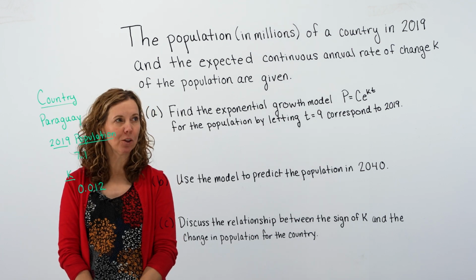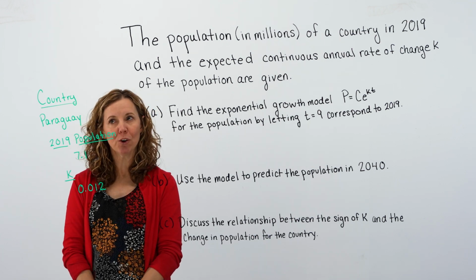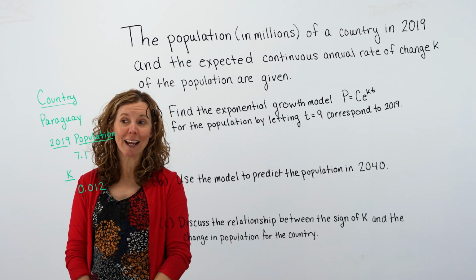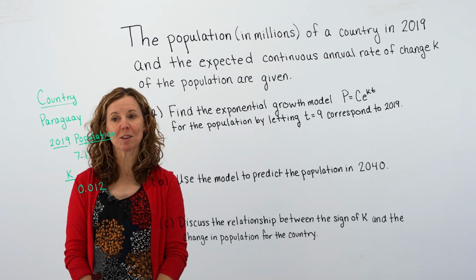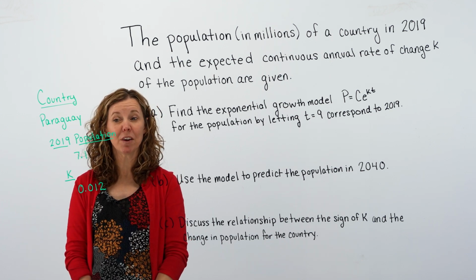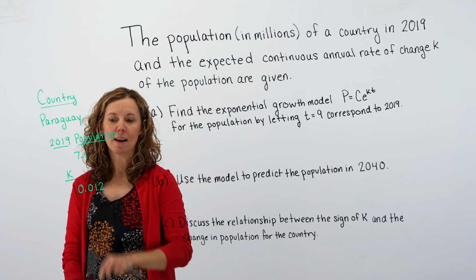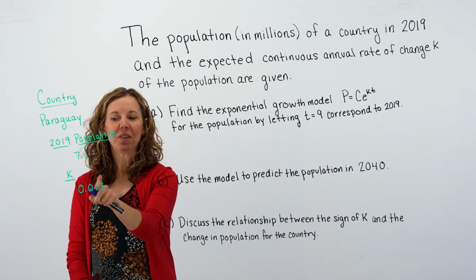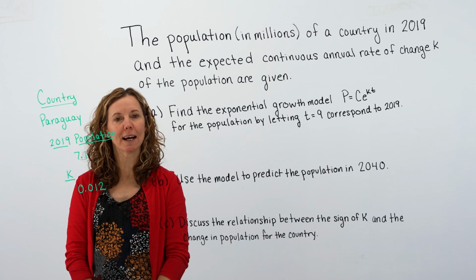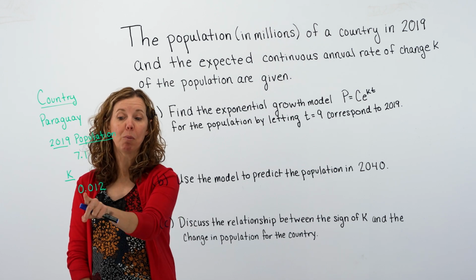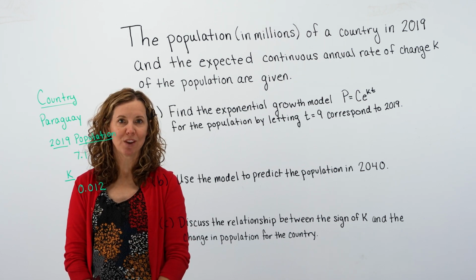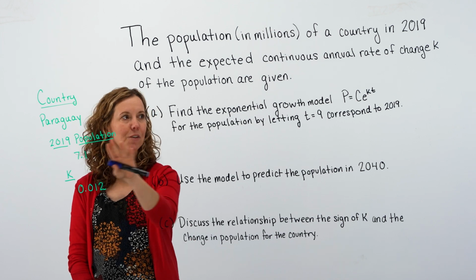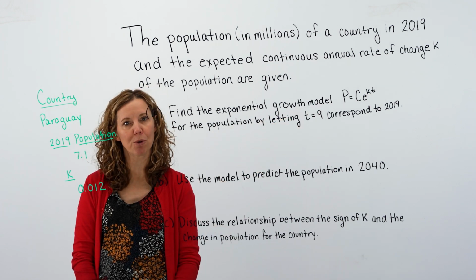So let's start by looking for that exponential growth model for the country of Paraguay, where we're told that the 2019 population is 7.1 million, and we're given the k value, which is telling us the rate of growth of 0.012. So how do we take this information and begin to find our growth model?